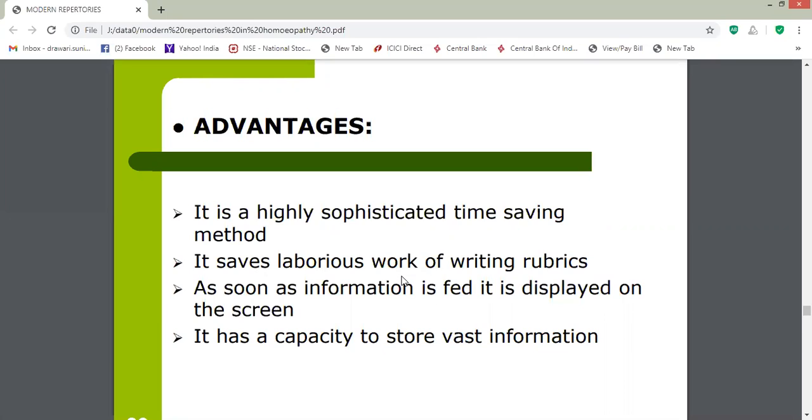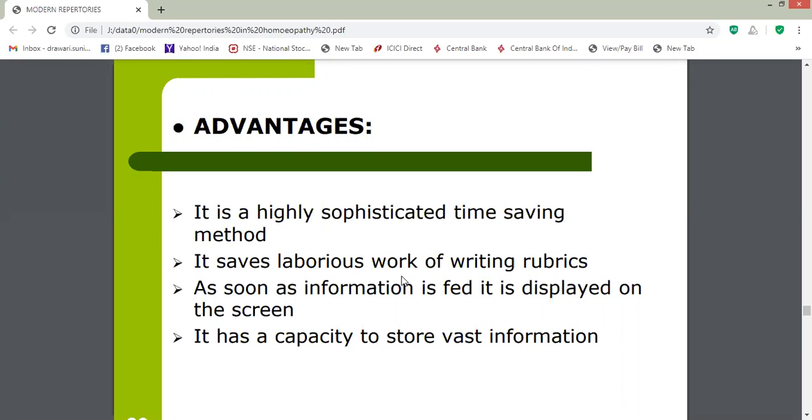First, information storage and retrieval. No homeopath can store the entire materia medica or repertory in his mind and be able to recall it accurately at the desired moment.